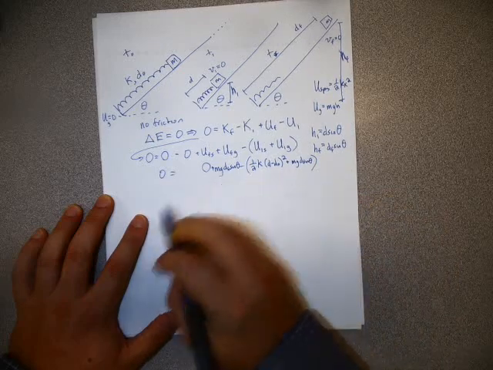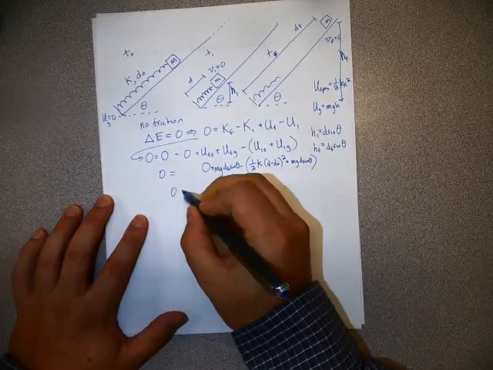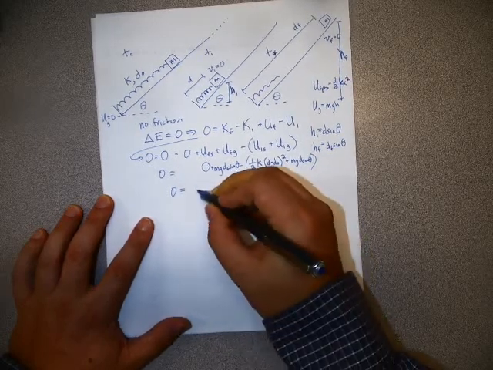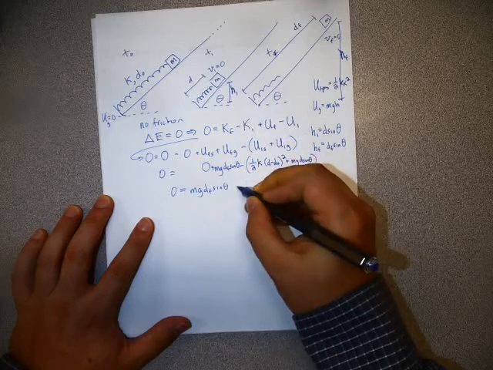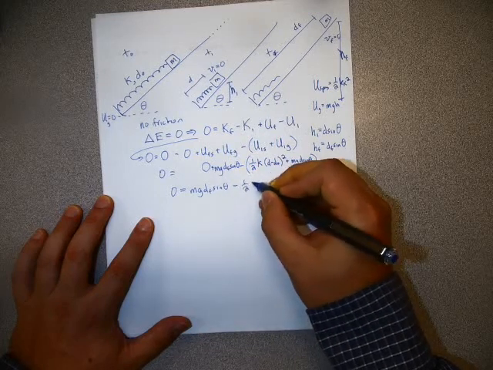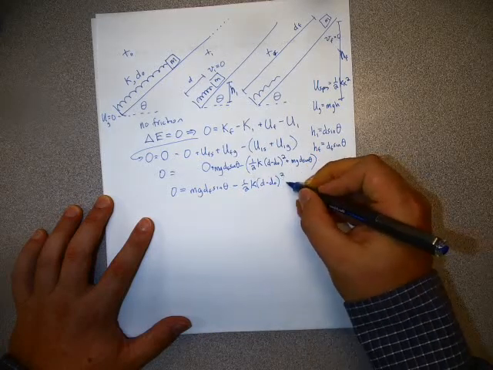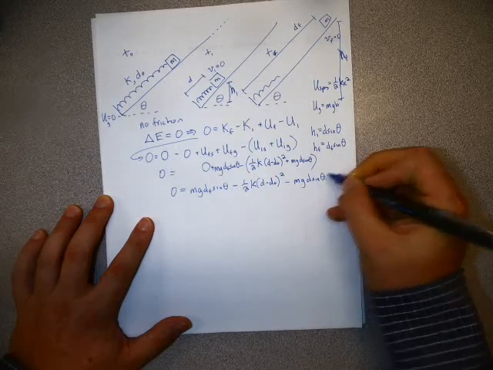All right. So a little crowded, but we can solve here for d final in terms of those other pieces. So let me rewrite it maybe. mg d final sine theta minus 1/2 k (d minus d naught) squared, subtract mg d sine theta.